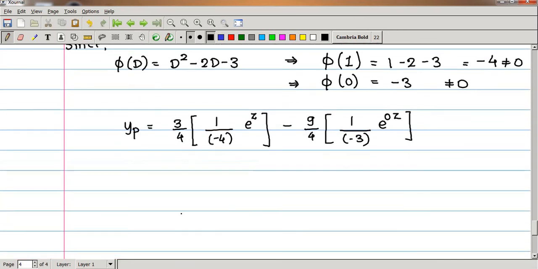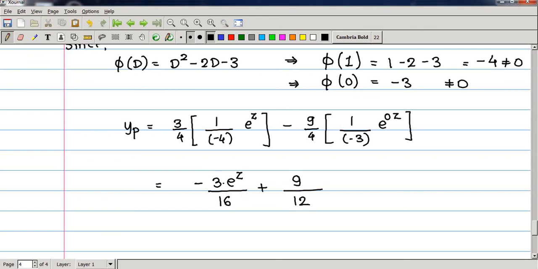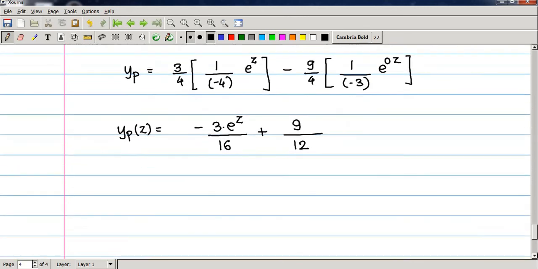So this implies the required particular integral is minus 3 times e raised to z upon 16 plus 9 upon 12. So this is the required particular integral in terms of z.